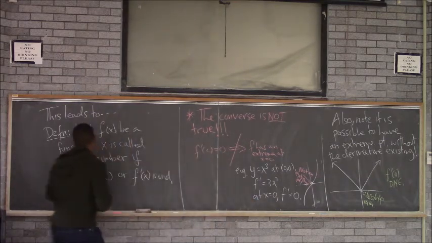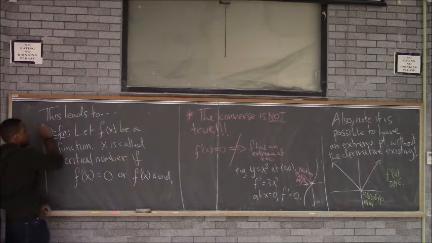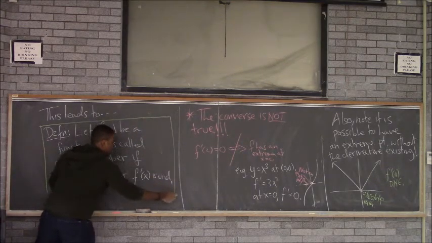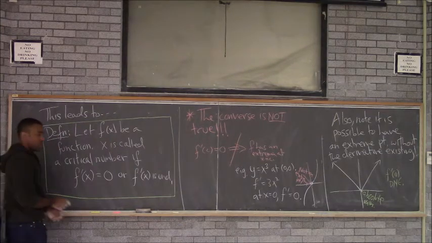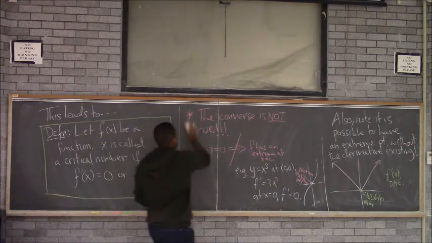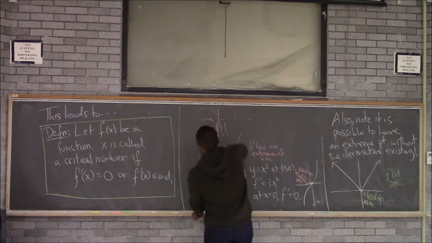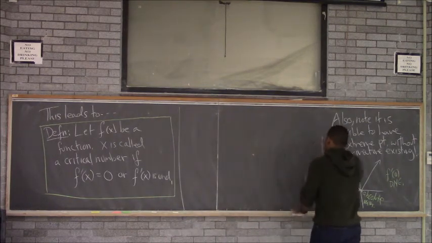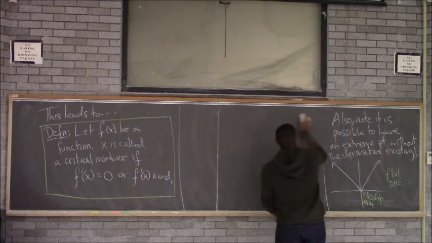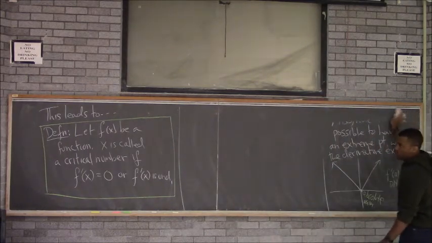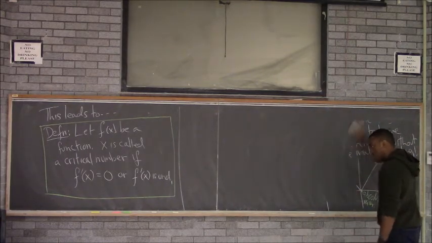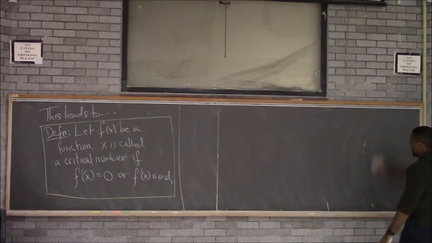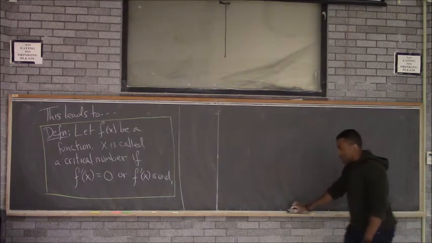This you need to know. These are the points that we have to pay attention to. If you're looking for maximums and minimums especially, you are going to want to know for your function, where's the derivative not defined, where's the derivative 0? Because these guys will be the prime candidates for finding the maximums or minimums.